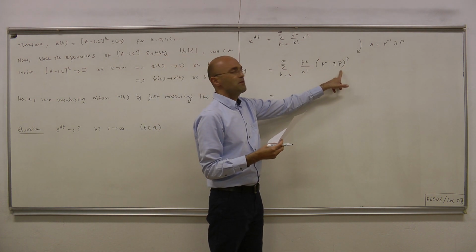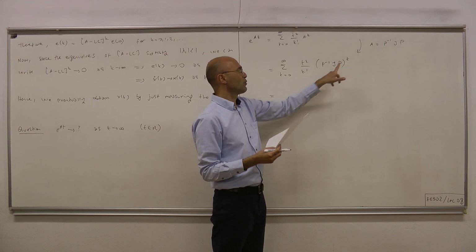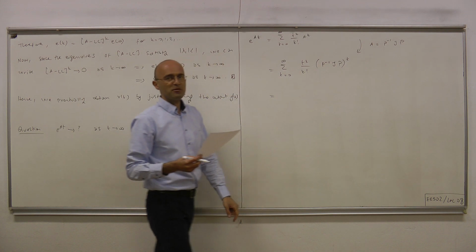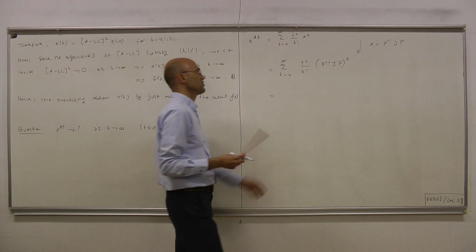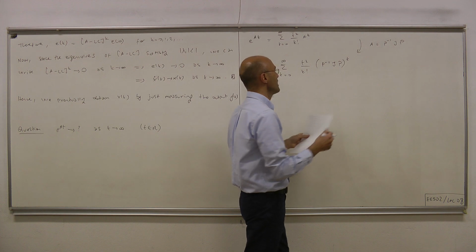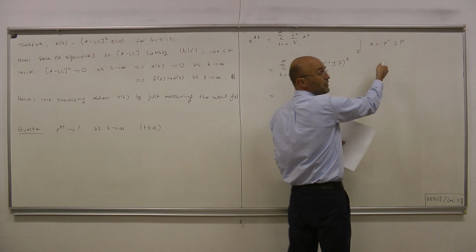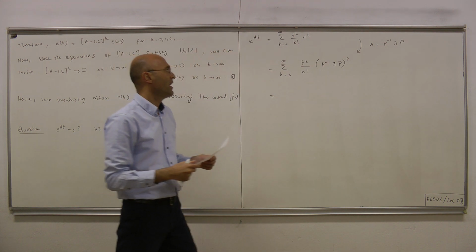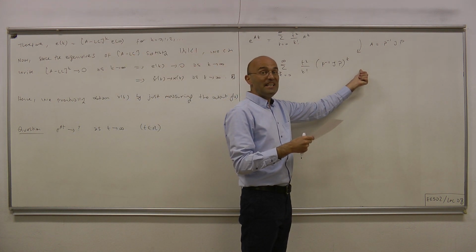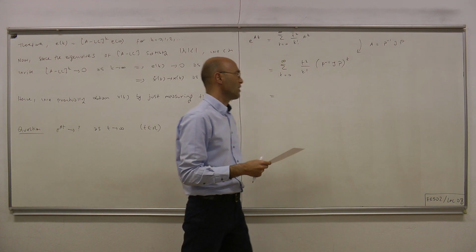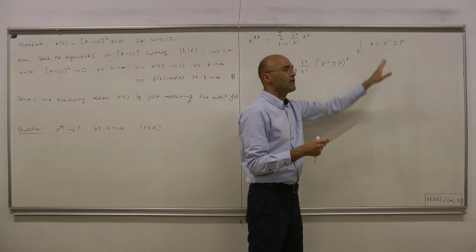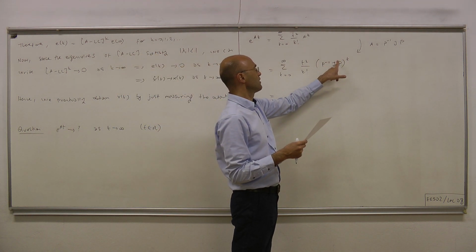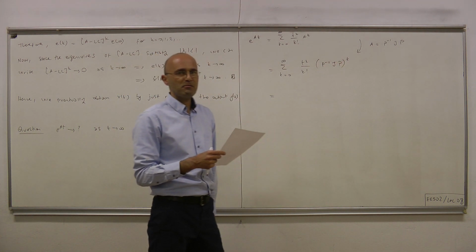Remember that this matrix raised to the power k simply equals P inverse times J to the power k times P. Just write this matrix k many times. Here you have P and P inverse, and then the next one you have P and P inverse. All those P and P inverses will cancel out, and you will have k many J's multiplying each other. On the very left hand side we have a P inverse, and on the very right hand side we have a P. Therefore, this equals P inverse times J to the k times P.